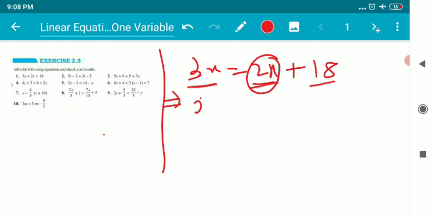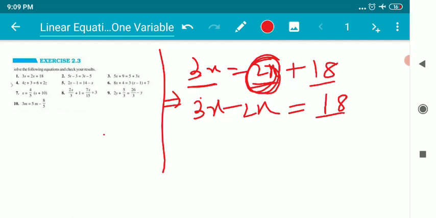So here the number is 3x. Let us transpose this 2x from the right hand side to the left hand side. It's going to be minus 2x is equal to 18. 18 was on the right hand side from the beginning, so 18 will be left on the right hand side. So what I did, children, is I brought this 2x from the right hand side to the left hand side, meaning this 2x has been transposed.